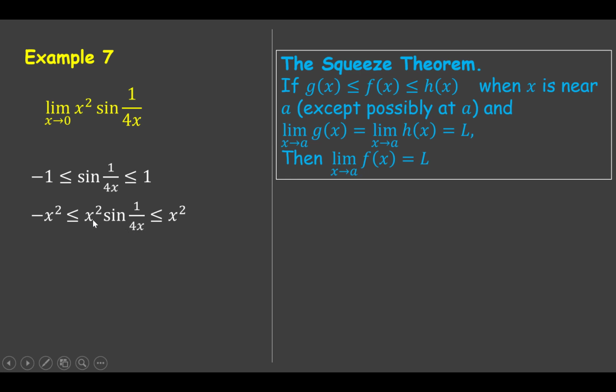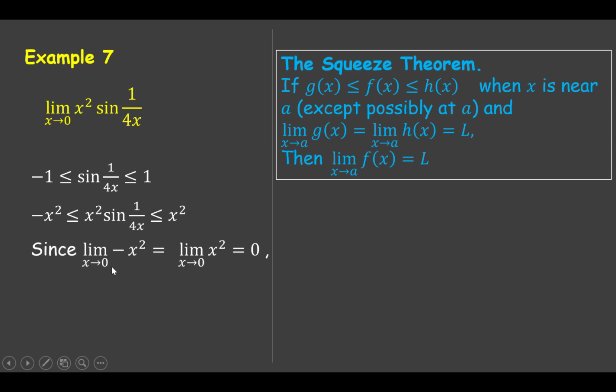When you multiply by something non-negative, you don't have to reverse the direction of the inequality, so you still have less than or equal to everywhere. Okay, so this shows our function is between those two other functions, and that's exactly the setup for the Squeeze theorem.